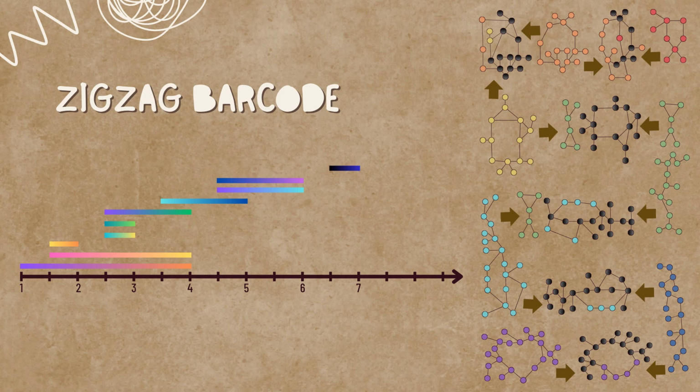And if we count the bars in the barcode, we can tell that there are at least 10 distinct cycles in the family tree, so that means that there are at least 10 different relationships that shouldn't really be there.